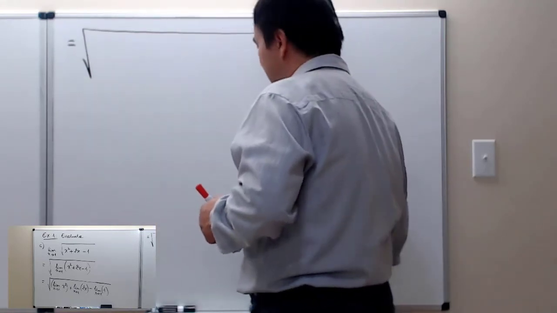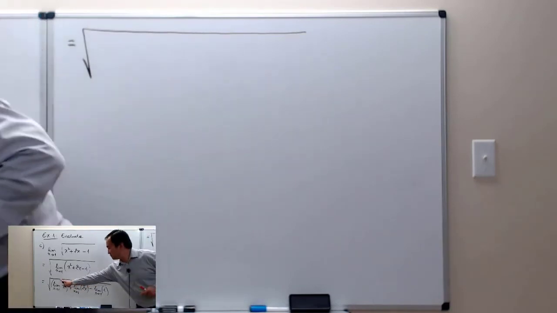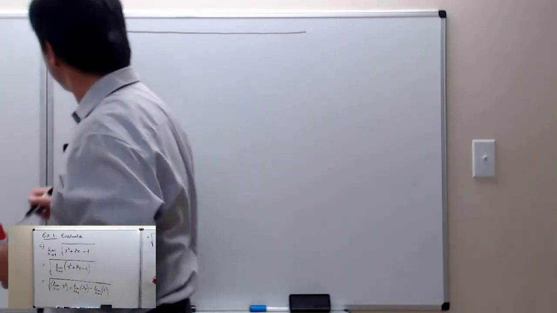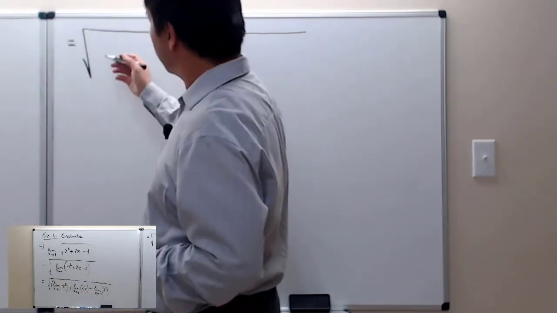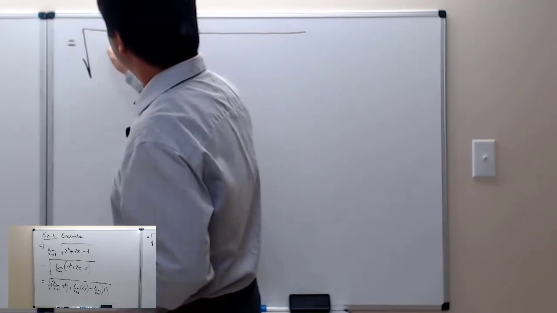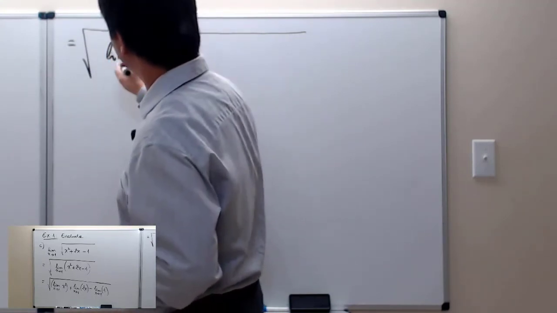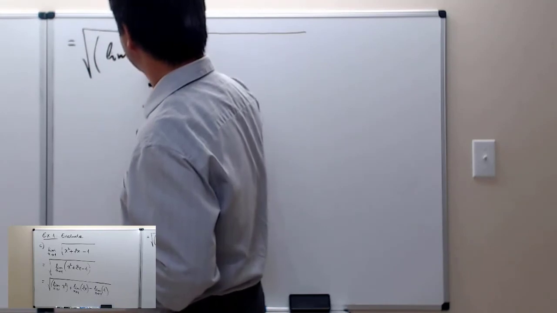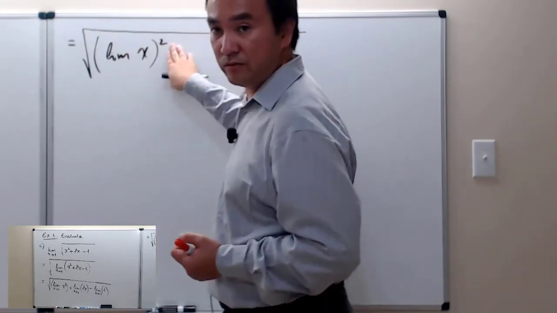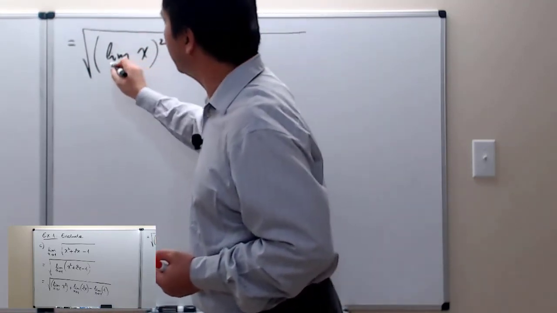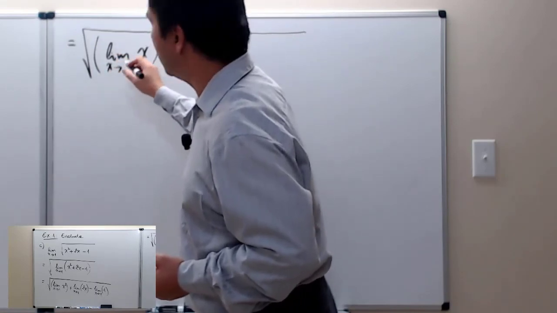The first term, the first limit inside of my square root, I'm going to work a little further. So that turns into the limit of x, but then we need to square it, because the power law of limits allowed us to do this. x coming close to 1.